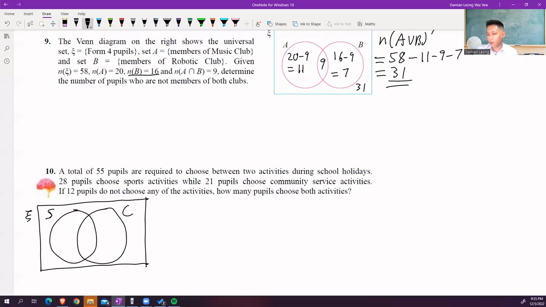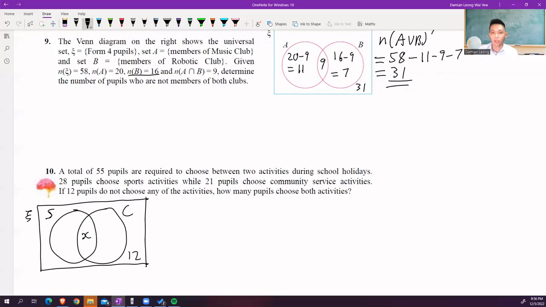So I know total there are 55 pupils, 28 in sports, 21 for community service, 12 do not choose any. Do not choose any means outside here. How many pupils choose both activities? Right in the middle, the intersection. So like I say just now, when you don't know the intersection, put it as X first.